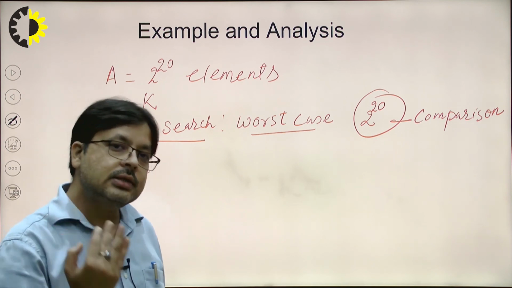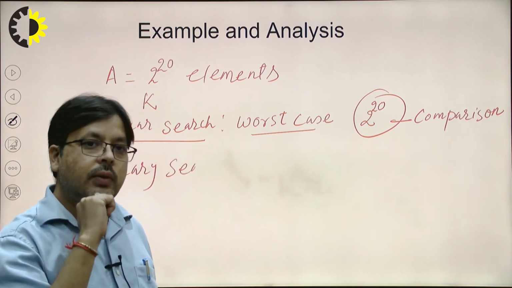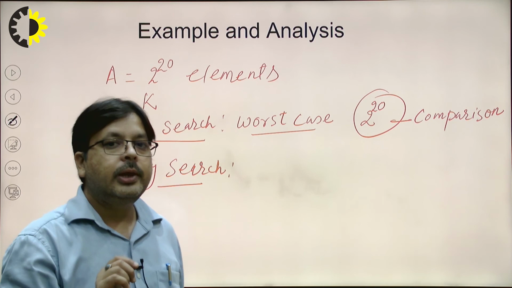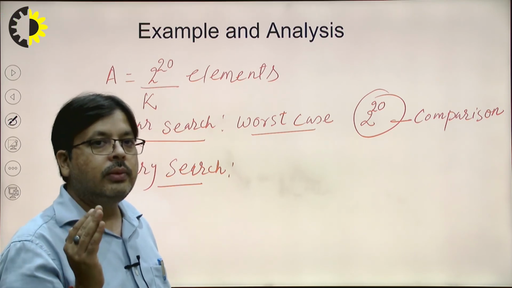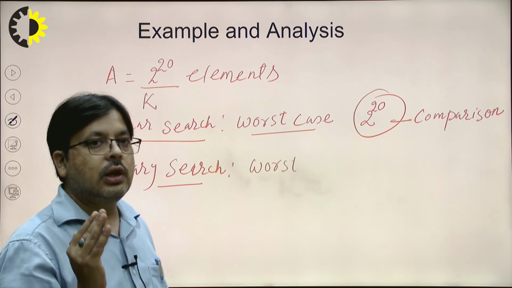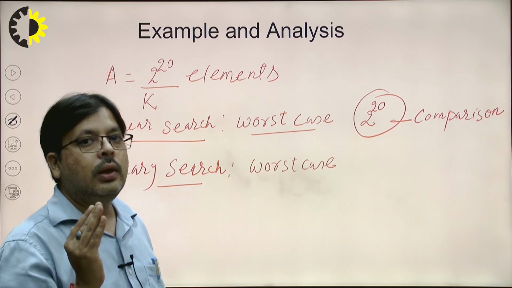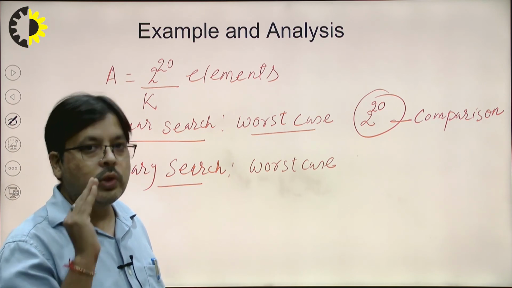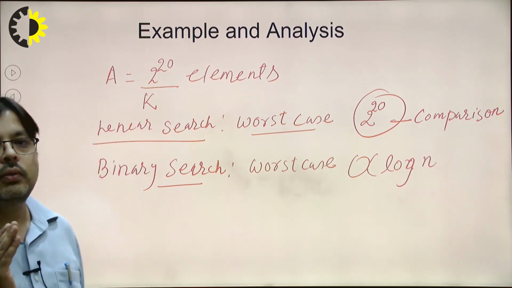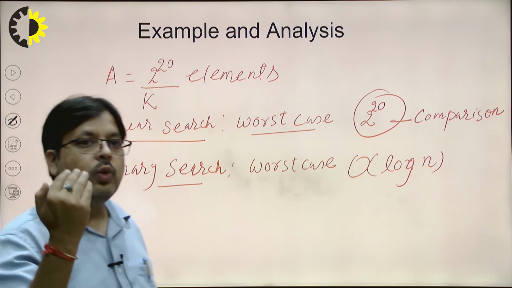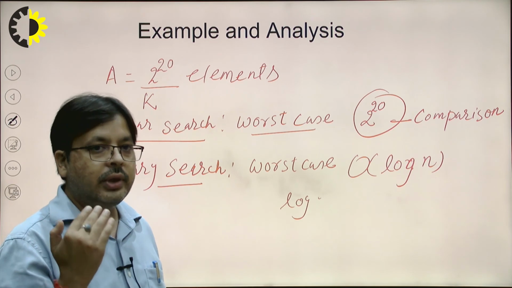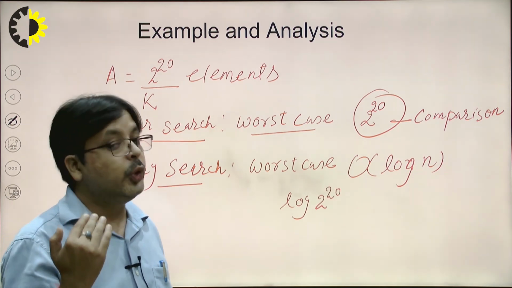If we use binary search to find the kth element in an array of size 2 to the power 20, then putting 2 to the power 20 into log n, where the worst case complexity is order of log n with base 2, you may see the total number of comparisons will be a maximum of 20.